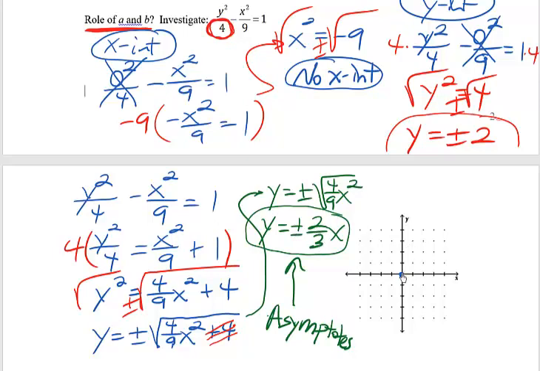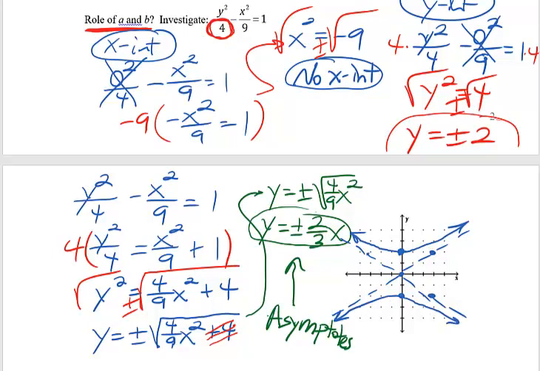That would be go up 2 and right 3 and connect the dots. And then the other one has a slope of negative 2/3. So go down 2 and then right 3. I'm just thinking in terms of rise over run, and connect those dots for the second asymptote. Then mark on the two y-intercepts we found, 2 and negative 2. And finally, just fill in that vertical hyperbola.